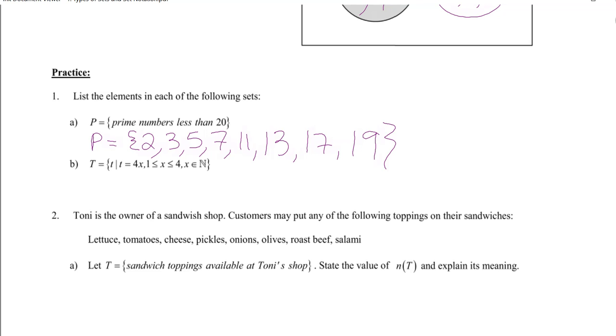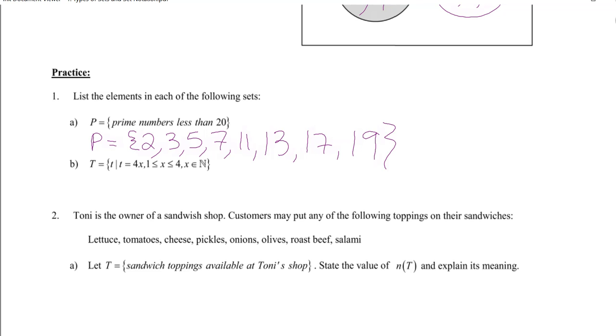Here's a set T, which consists of little t, such that t is equal to 4 times x. Now, at that point, it's legitimate to ask, tell me about x. x is between 1 and 4, and x is a natural number. So the first value that x would take is 1.